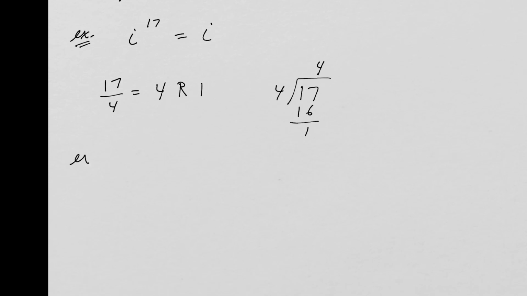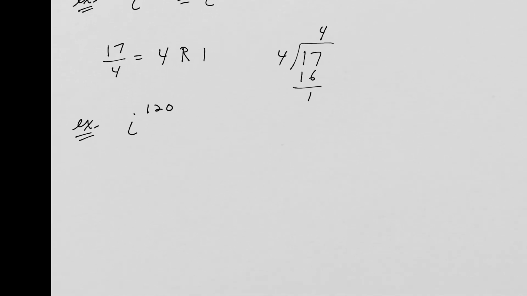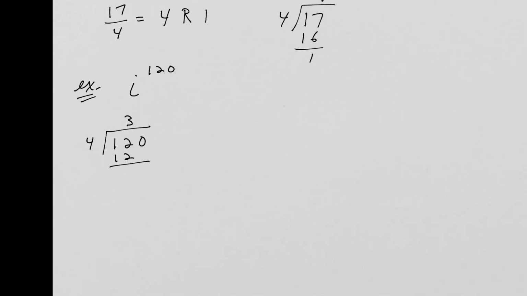I'll do one more. Let's say I want i to the 120th. So my exponent is 120. So I'll divide, right? 120 divided by 4. Well, this is going to be 3. 3 times 4 is 12. So now this is 0, 0. 4 goes into 0, 0 times. 0 times 4 is 0.